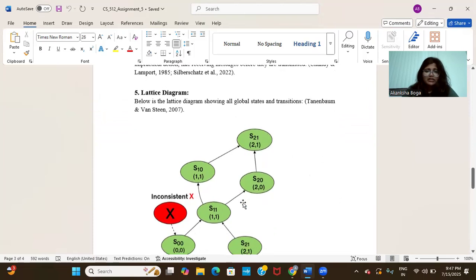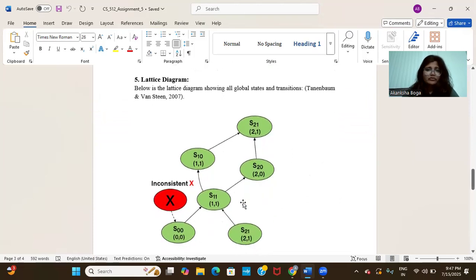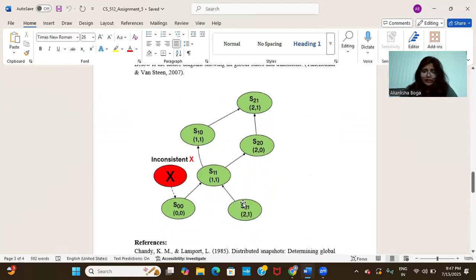Next, coming to the lattice diagram. This lattice diagram is showing all the global states and the transitions. Now, this diagram is like a map. So it shows all the states like S00, S11, S10, S20, and so on.